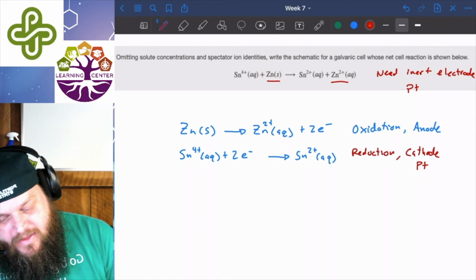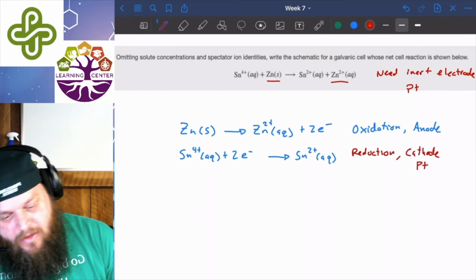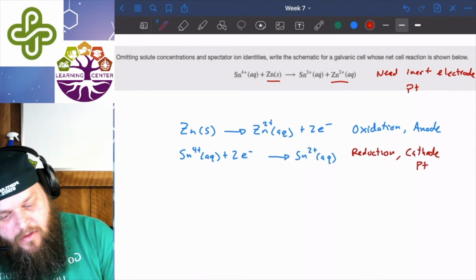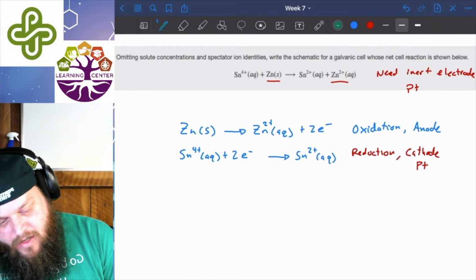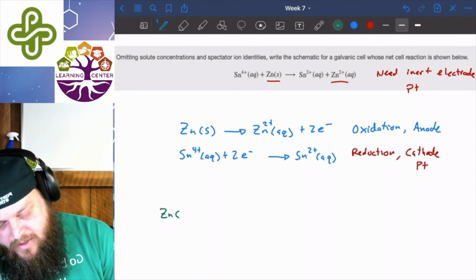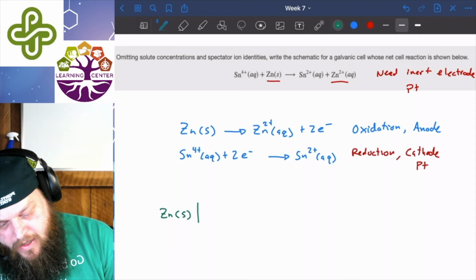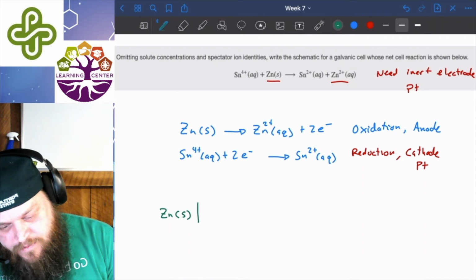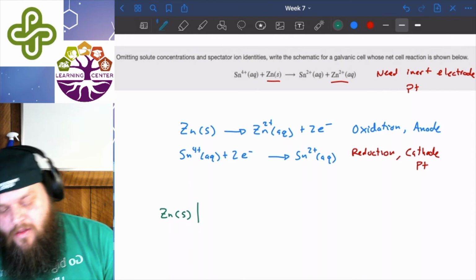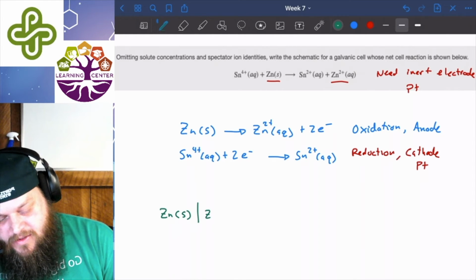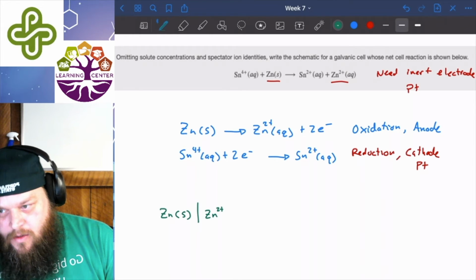So we can write this out now as our galvanic cell notation, saying that we start out with the anode, zinc solid, interfaces with, and they don't really tell us what it's interfacing with, so it produces some Zn2+ in aqueous solution.